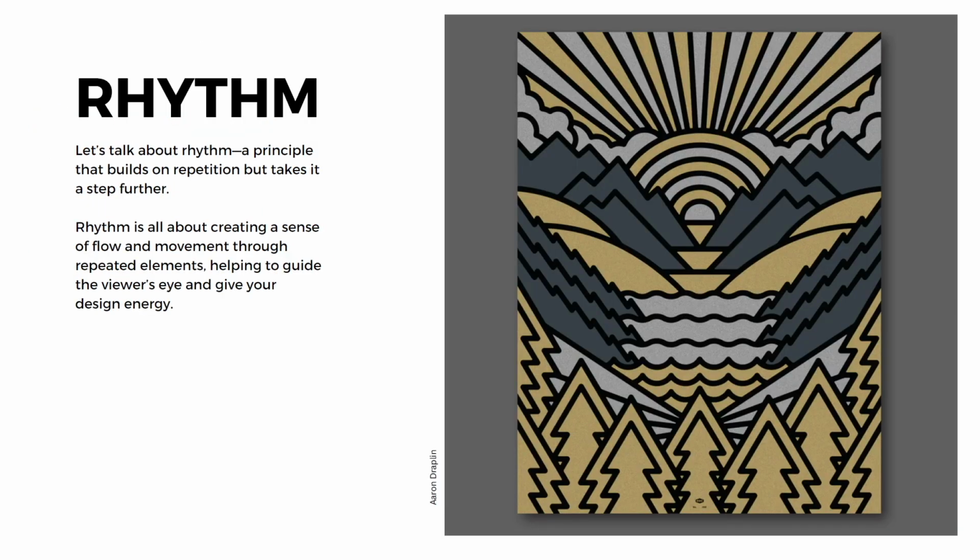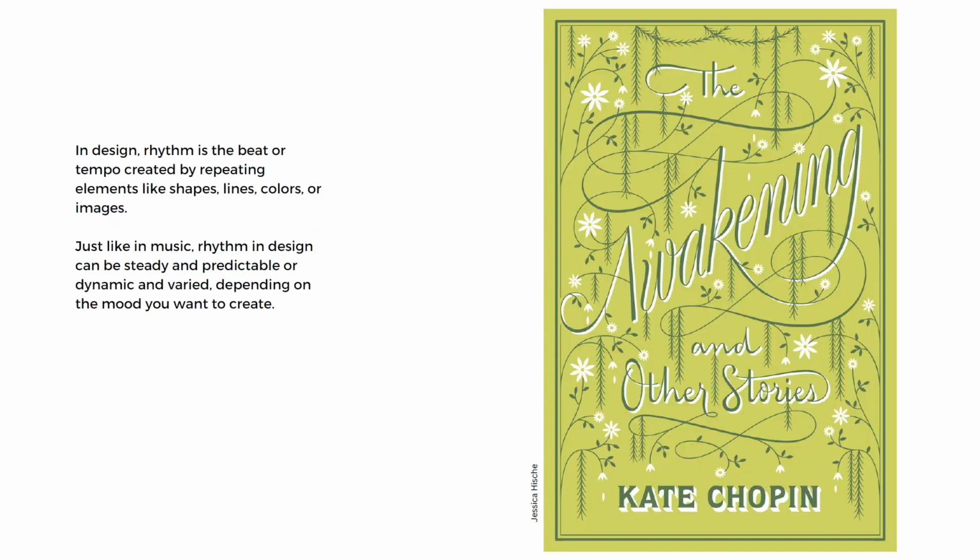Rhythm. This does tie in a little bit with pattern and movement because it's almost a musical marker, but in a visual way. We're trying to take repetition, but build it up a little bit further. And we're creating that sense of flow and movement through repeated elements, which in turn are going to help guide the viewer's eye and give your design energy.